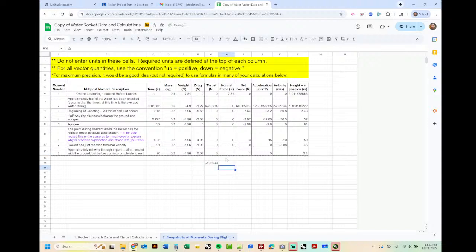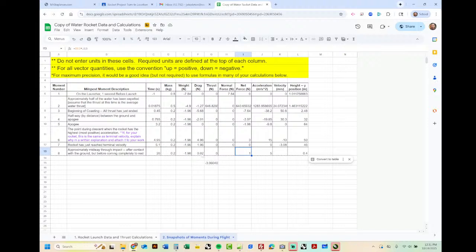Thrust is 0. Now, this 1, that's the net force. That should be the weight plus the drag plus any normal force, and that needs to all add up to 1. So if I made it 1.96, then that would add up to 0. If I made it 2.96, that would add up to 1, but then there would be this little thing.